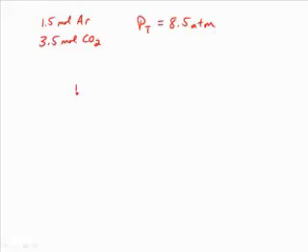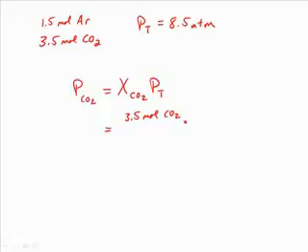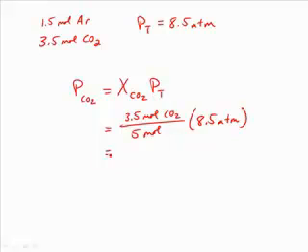Partial pressure of the CO2 is equal to the mole fraction of the CO2 times the total pressure. Mole fraction of CO2 is moles of CO2 over total moles, which is 3.5 over 5, times 8.5 atmospheres. So I'm getting 5.95 atmospheres, which would round to choice D, which is 6 atmospheres.